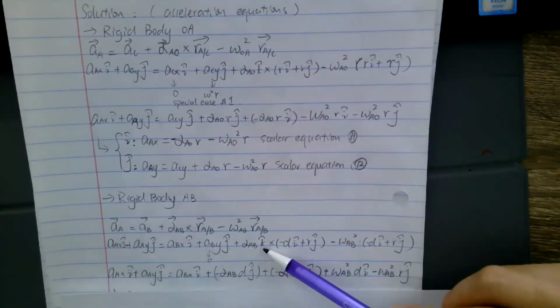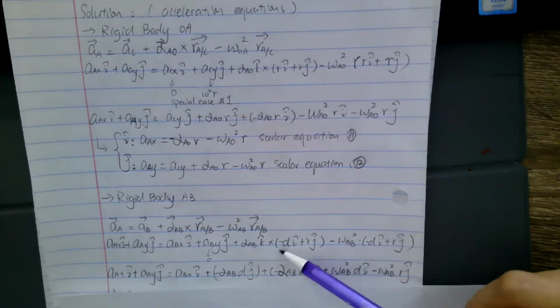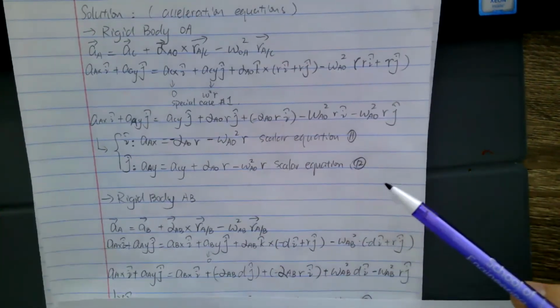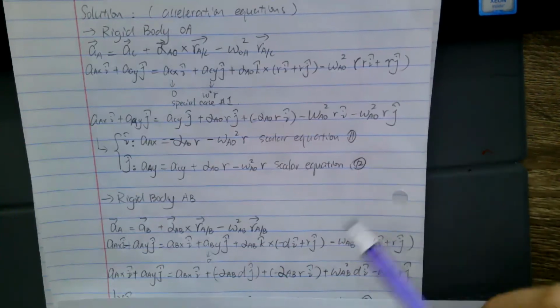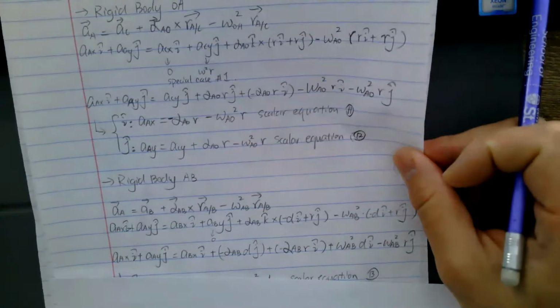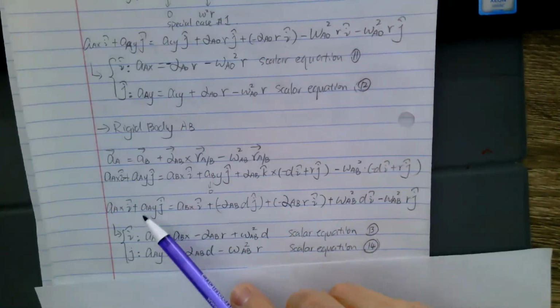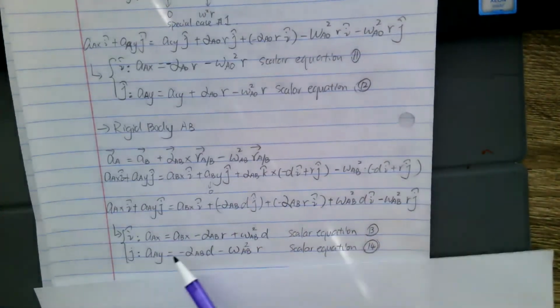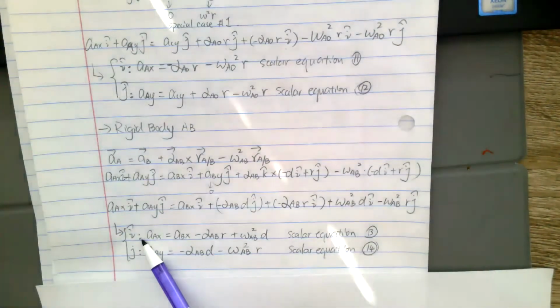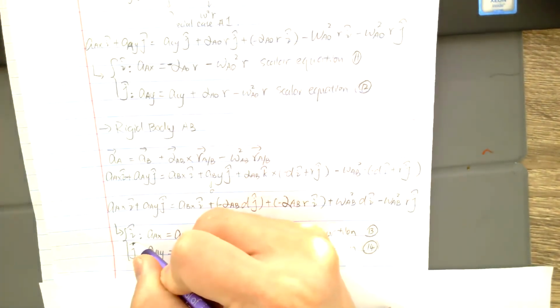And same here, alpha k cross the position vector. Be very careful that the position vector starts from B and ends at A. So it's negative Di plus Rj. If you're not sure how to get that, make sure you watch the first video. From this acceleration vector equation, we can get 2 more scalar equations, one on i, one on j.